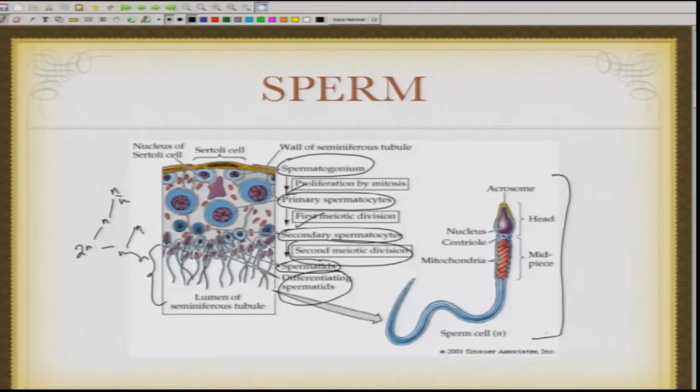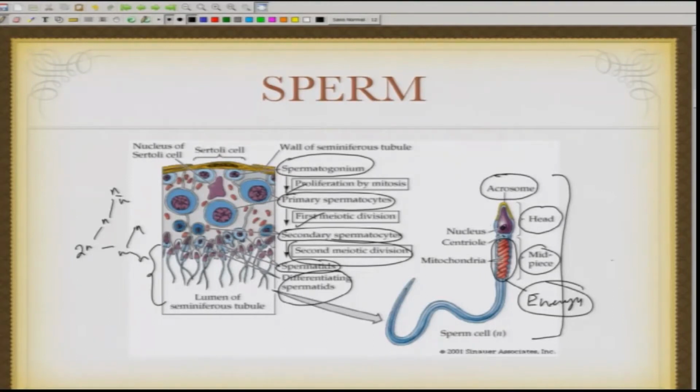formation of sperm. And if you look at the structure of the sperm, it has the tip, which is called the acrosome. It has the head. It has the midpiece, which is filled with mitochondria, because this is what gives it the energy to travel along the vagina to the ovary. It's quite a long travel for it, and here you have the nucleus.